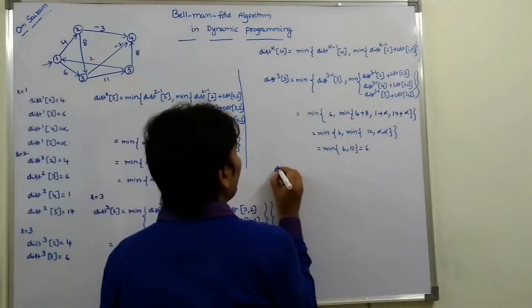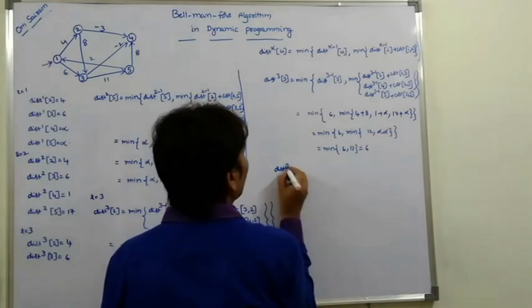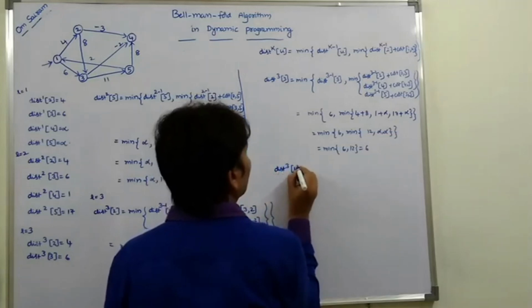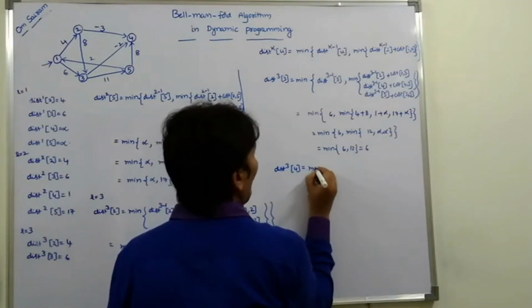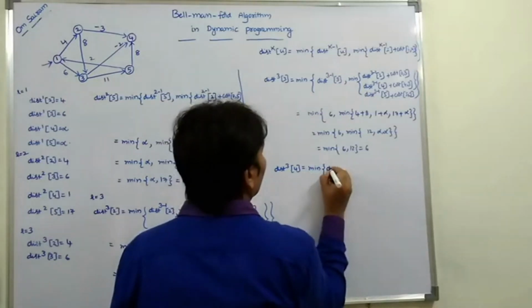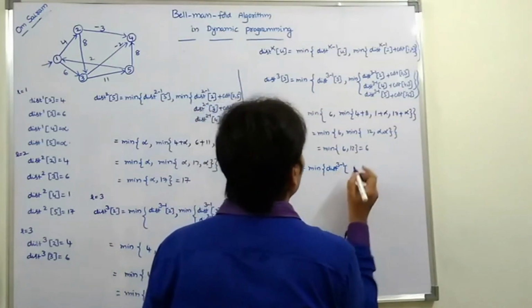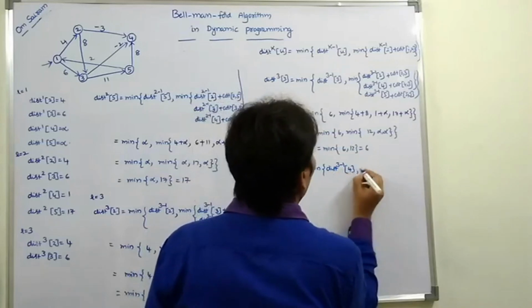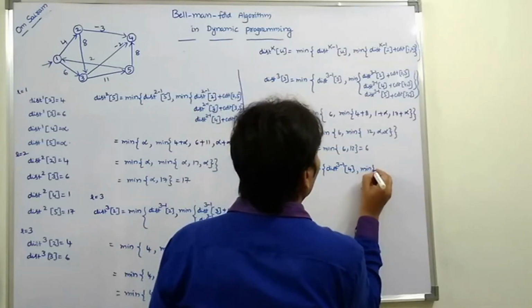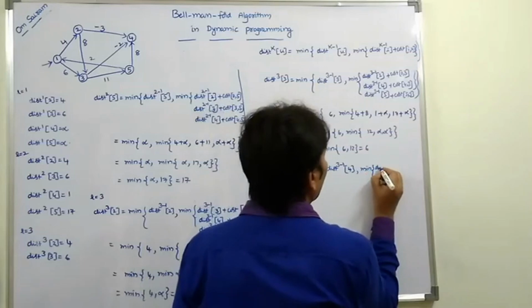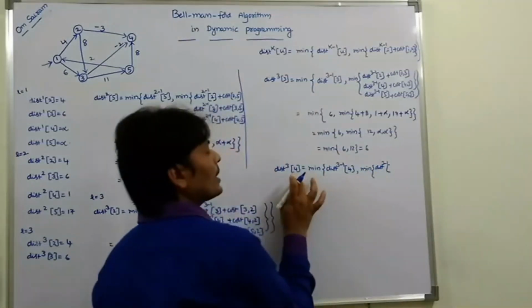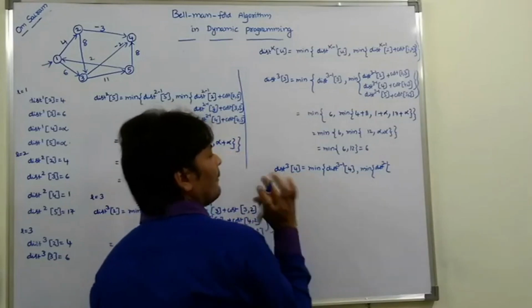Now dist 3 of 4 is equal to the minimum of dist 3 minus 1 of 4 comma the minimum of, here, what are the remaining vertices? 2, 3, 5.